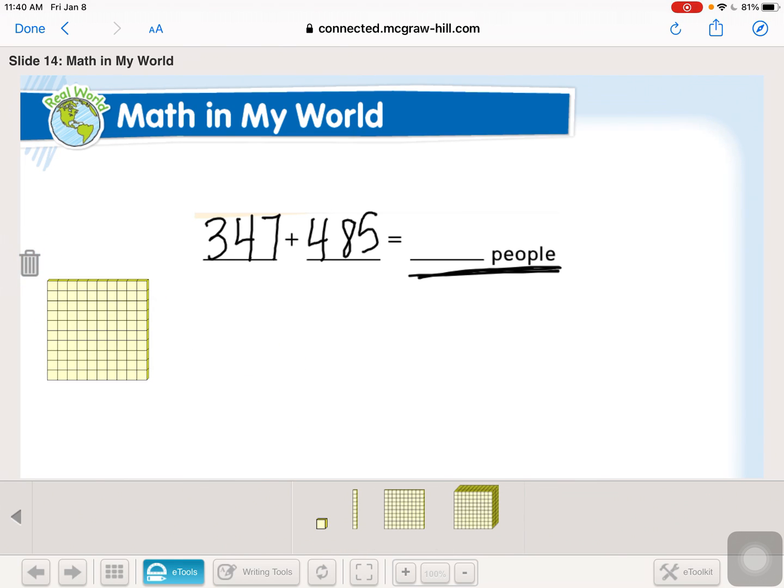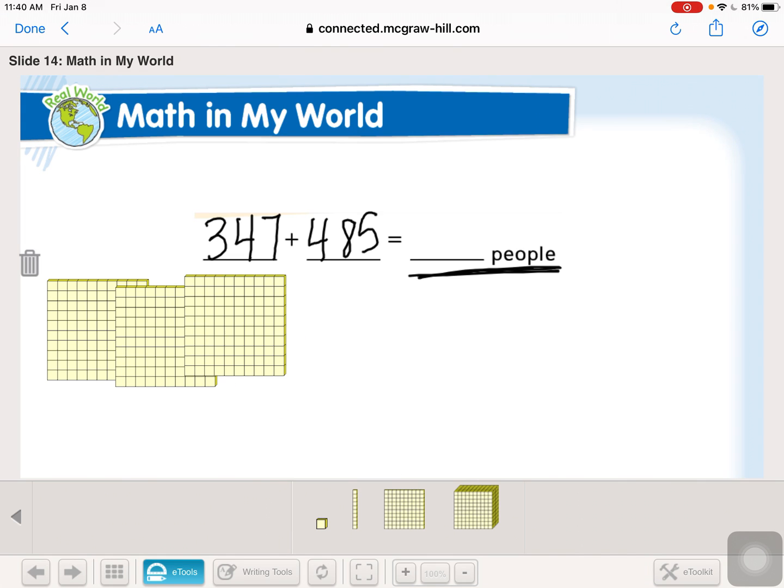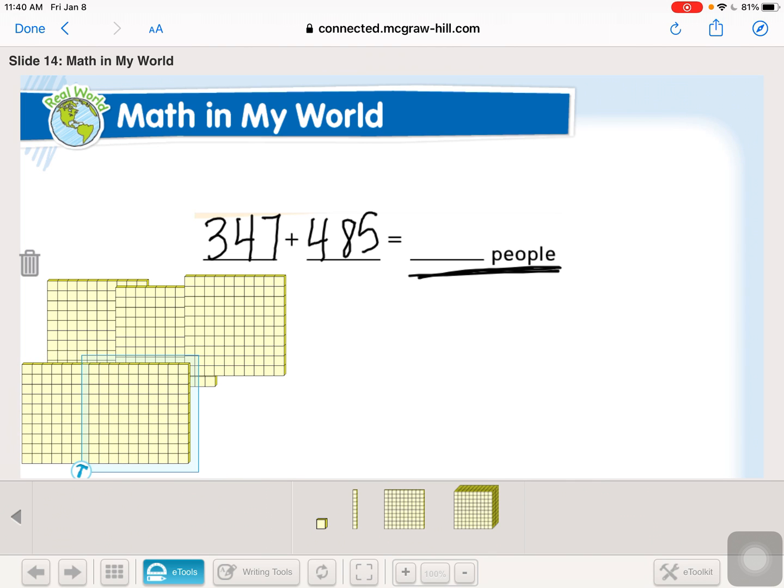So with my base 10 blocks, this looks like 100, 200, 300, 100, 200.